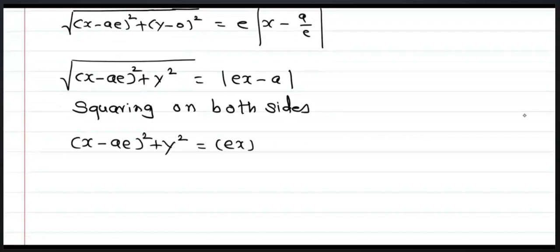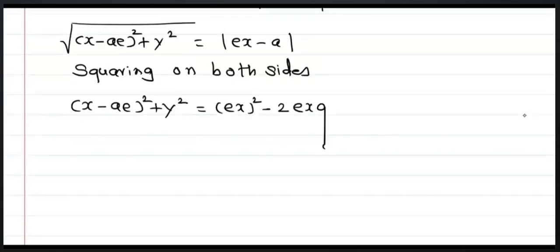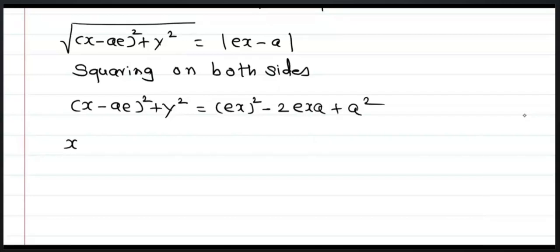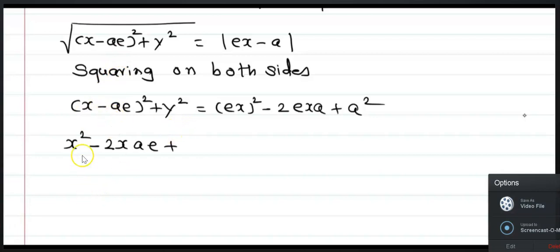Therefore, after the squaring, that is (ex minus a) whole square is equal to (ex) whole square minus 2eax plus a square, and the squaring of these two brackets also: x square minus 2xae plus y square.